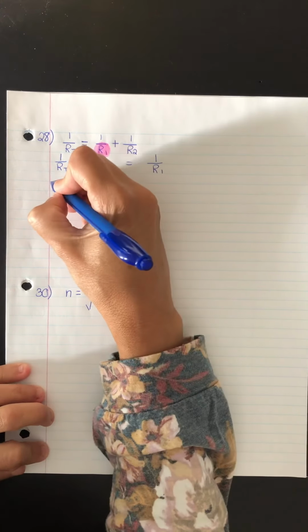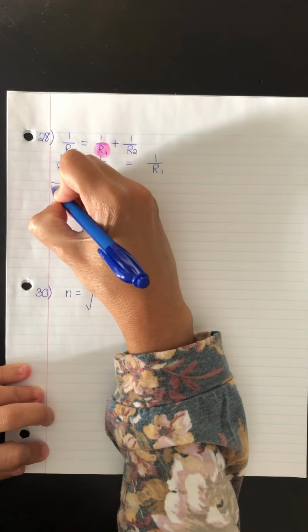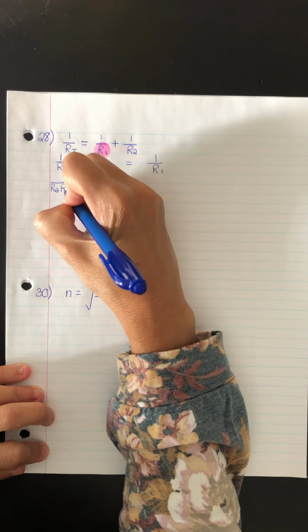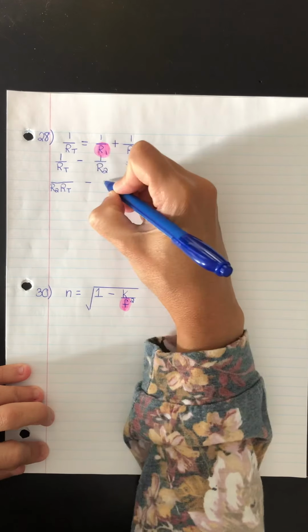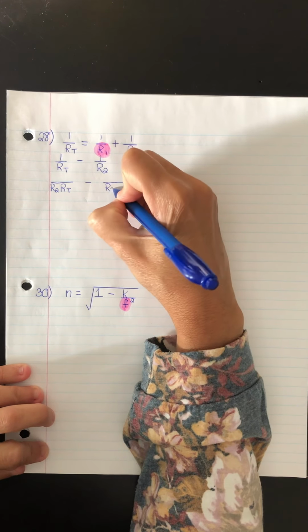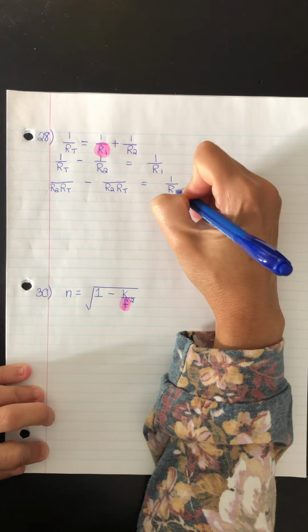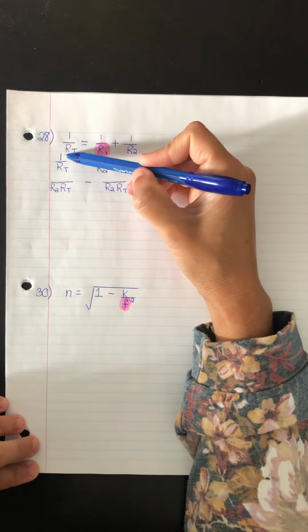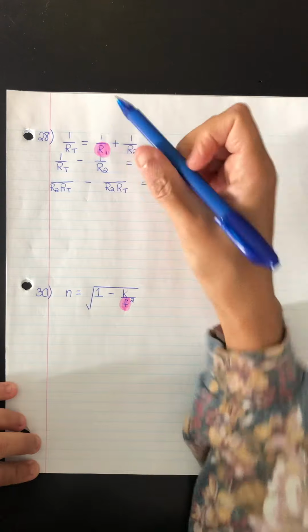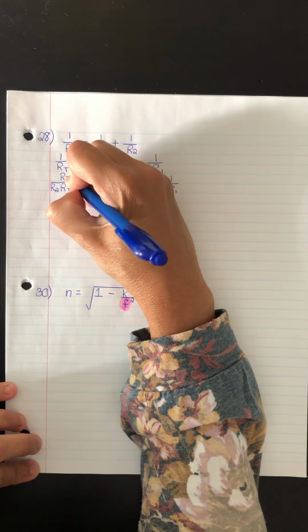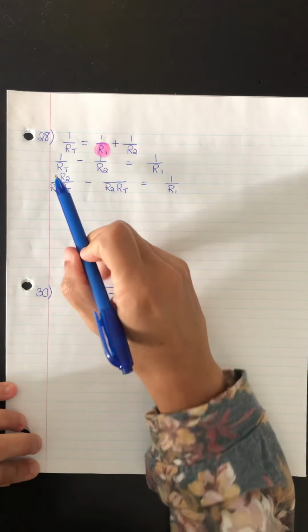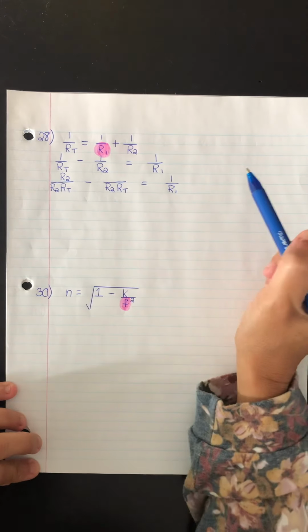So a common denominator would be the product of R2 and RT. Okay, 1 over RT is the same thing as R2 over R2 RT.